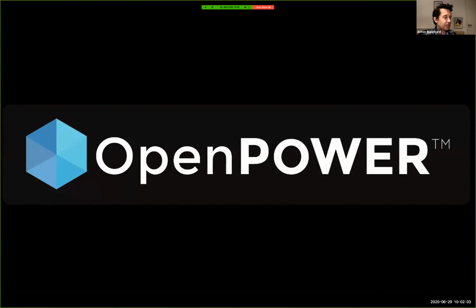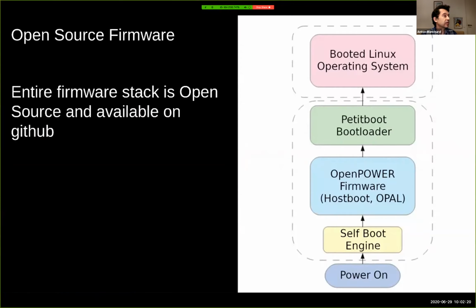OpenPOWER has been an effort over the years to start opening up the architecture, and that started mainly at the system level and the software component level. So we're talking about things like system designs, but also things like firmware components, some of the software stack that goes towards it. Looking at the firmware stack, our systems are one of the only in the industry that are completely open source.